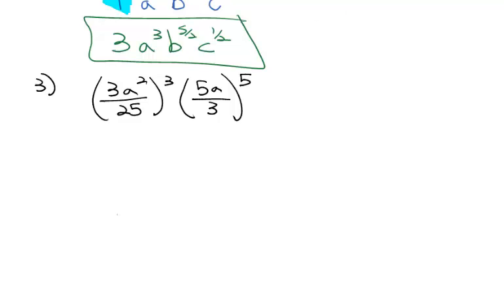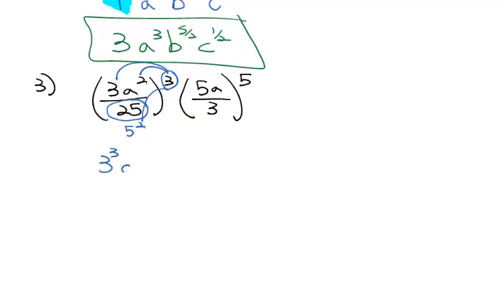So for example, the 25, I can factor that to 5 squared. So now when I take the 3 in, I'm going to treat that as 3 to the 3rd, a to the 3 times 2, and 5 to the 2 times 3.